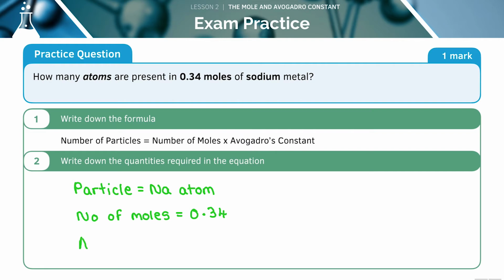We also know the value for the Avogadro constant. This is 6.02 times 10 to the 23.